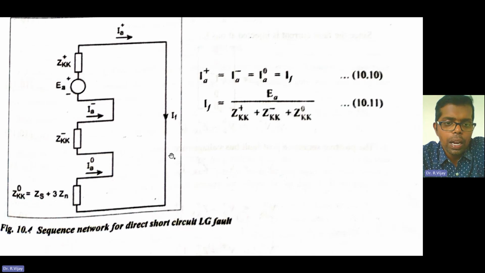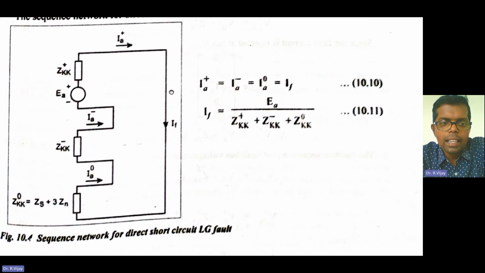So the fault impedance is 0 here. In the previous case you had the fault impedance as 3 into ZF. So here with no fault impedance, the fault current comes out directly like this.